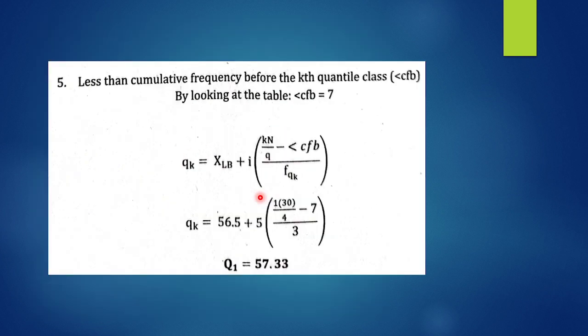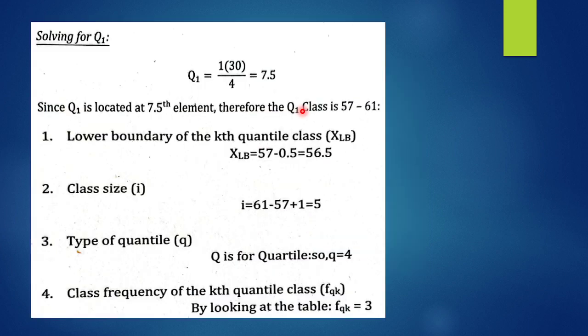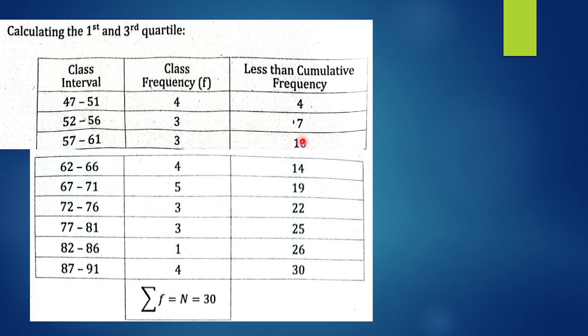Now, the last step is getting the less than cumulative frequency before the kth quantile class, or less CFB. The B there is before. By looking at the table, our less than cumulative frequency before is 7.